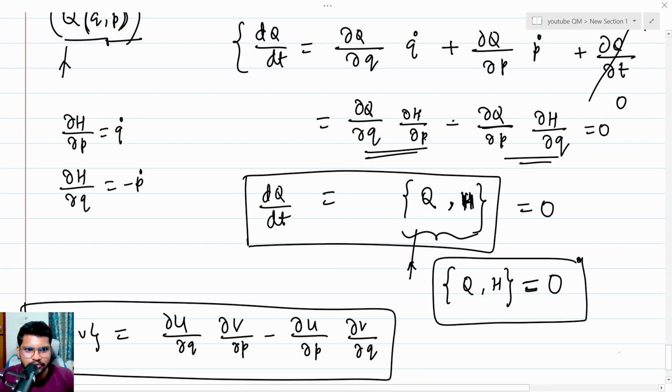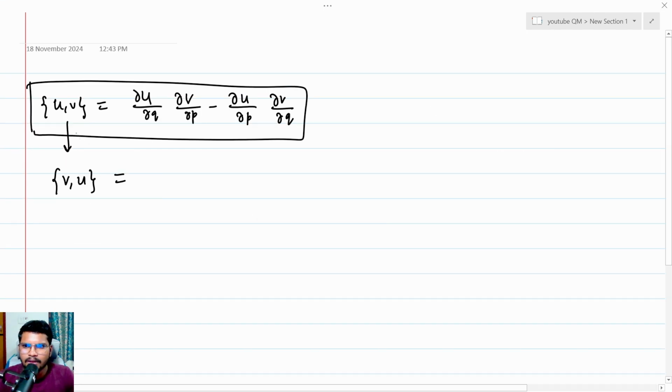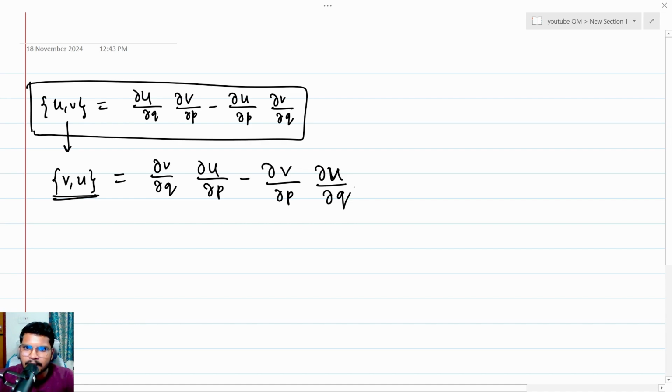Right? Now if you interchange u and v, you will end up with one sign. Let us say I have v comma u, then what will I get? If I interchange these positions, I will end up with del v over del q, del u over del p minus del v over del p and del u over del q.